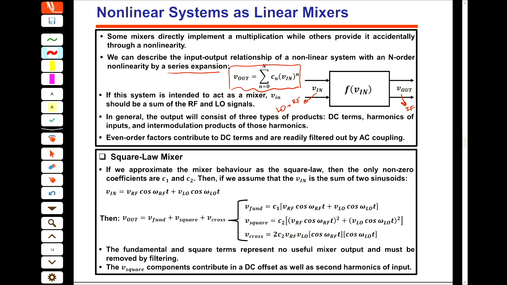Then, in general, we can see that in the output we have 3 types of signals: the DC terms, the harmonics, and then the intermodulations.